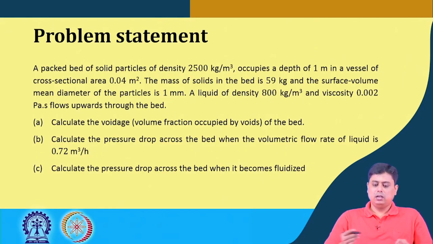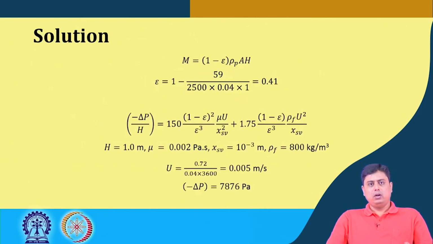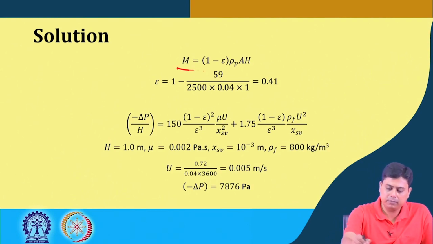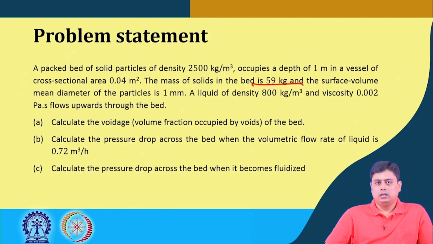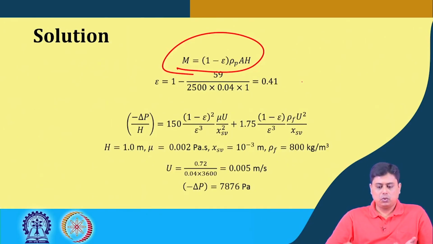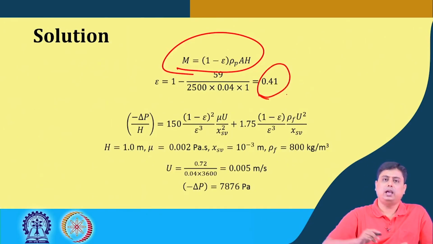So, that means again similar to the previous problem, here the voidage calculation would involve the similar type of solution, that mass of the bed is given here, surface volume mean diameter, density, cross sectional area, everything is mentioned. So, we can find out what is the epsilon.